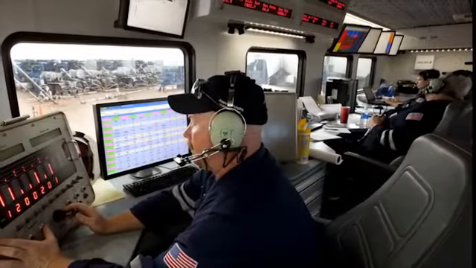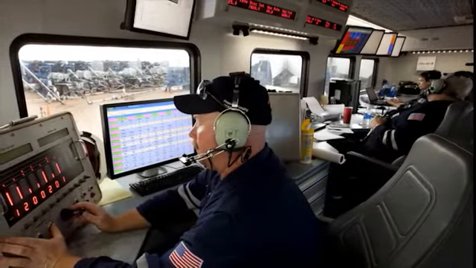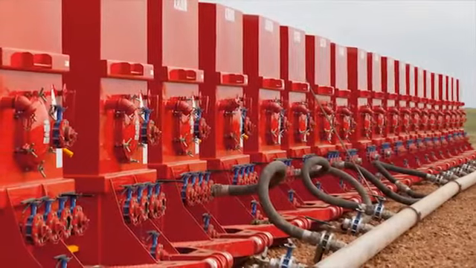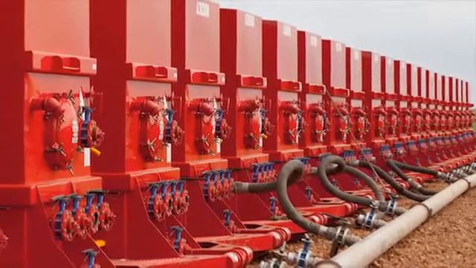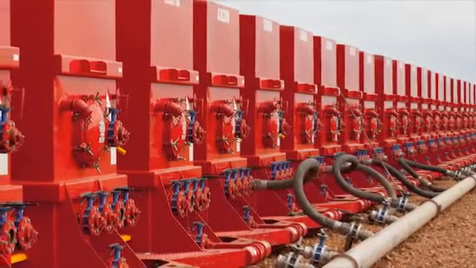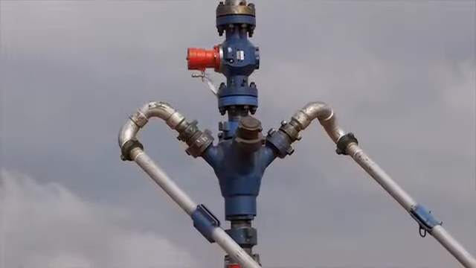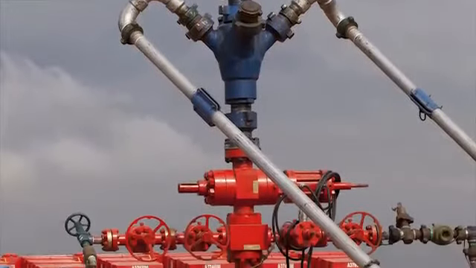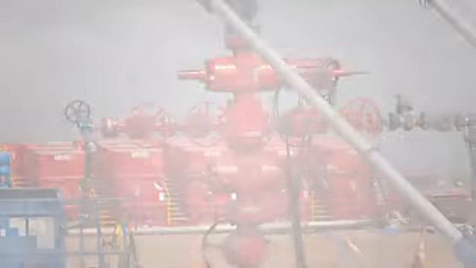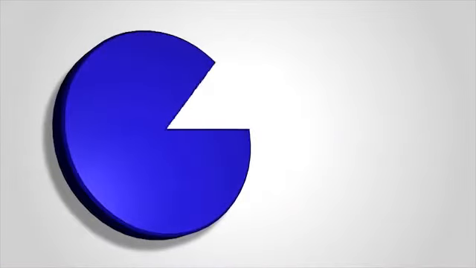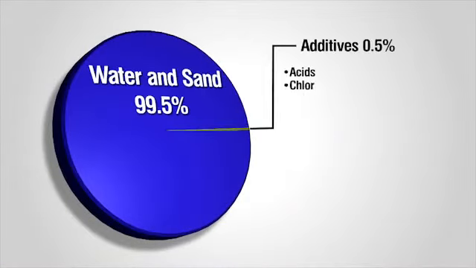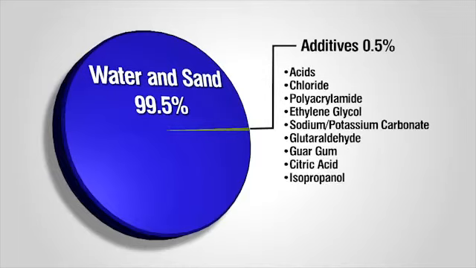The process consists of pumping a mixture of mostly water and sand, plus a few chemicals, under controlled conditions into deep underground reservoir formations. The chemicals are generally for lubrication, to keep bacteria from forming, and help carry the sand. These chemicals typically range in concentrations from 0.1 to 0.5% by volume and help to improve the performance of the stimulation.